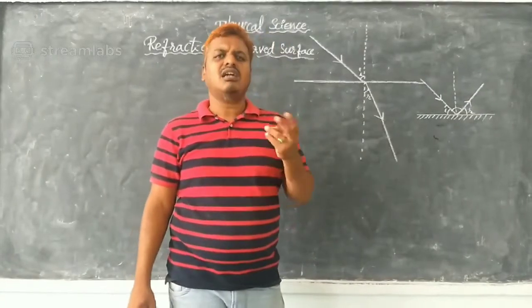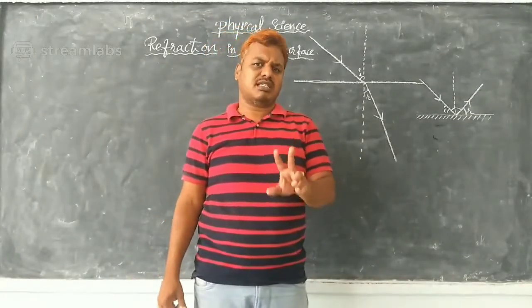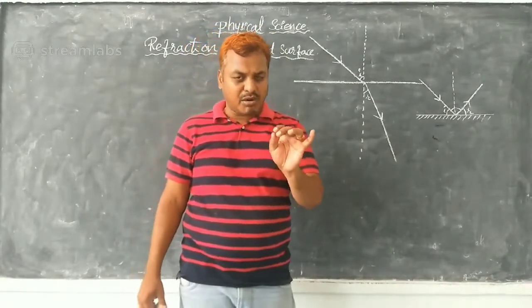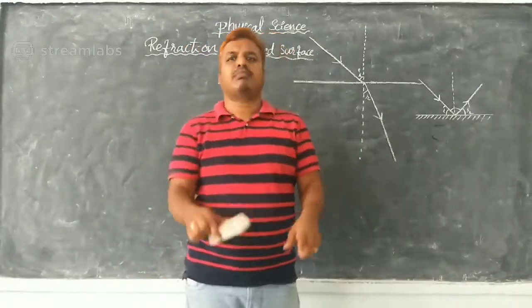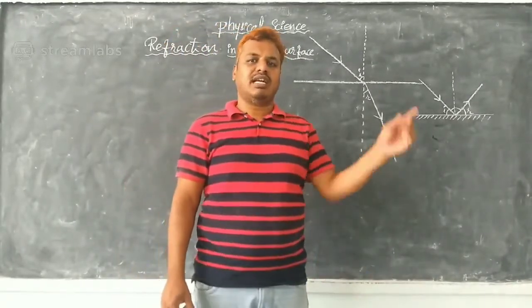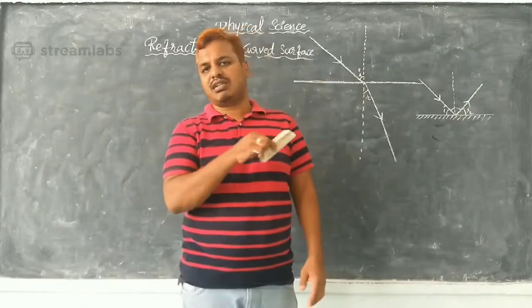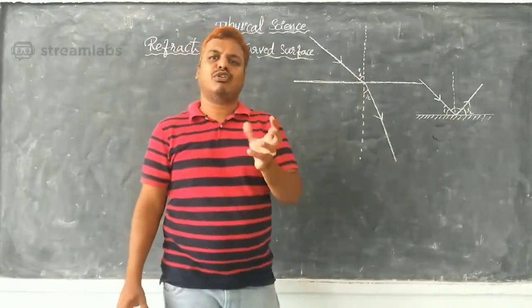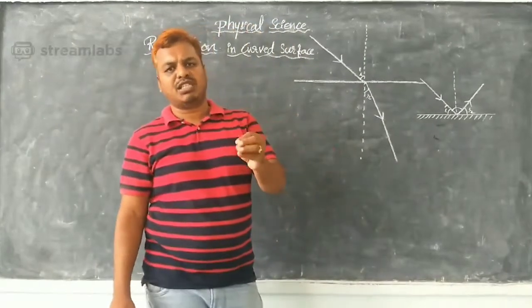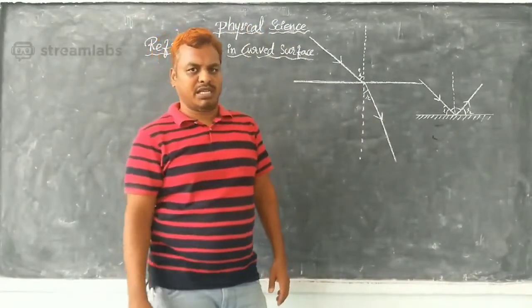That is the reflection process happening in a plane mirror. In a curved mirror, as we have seen already, the light ray hits the surface and reflects back, and it is going to form different images when we place an object in front of the curved mirror.